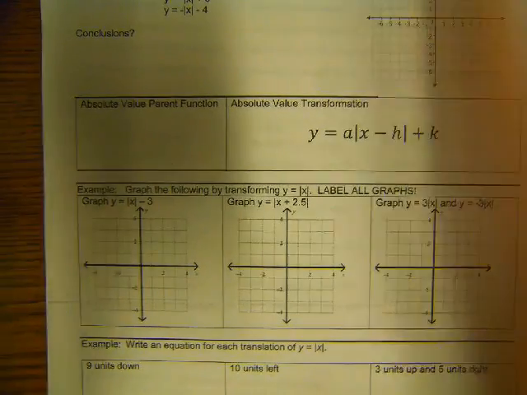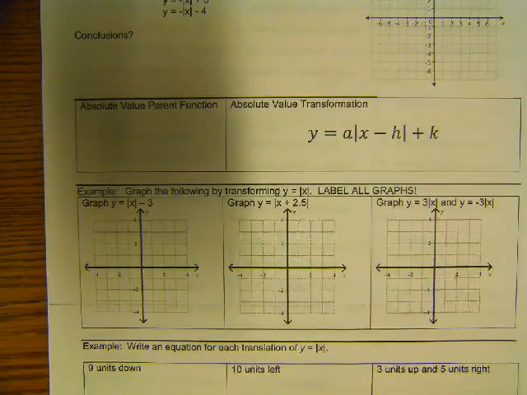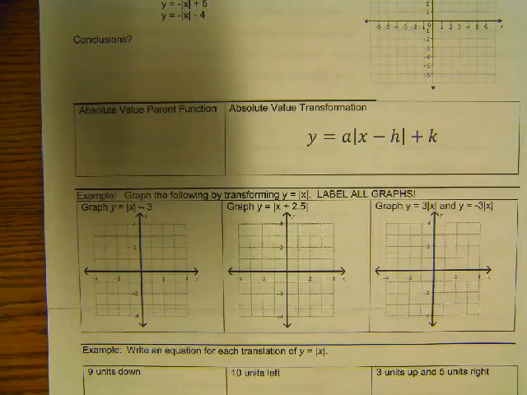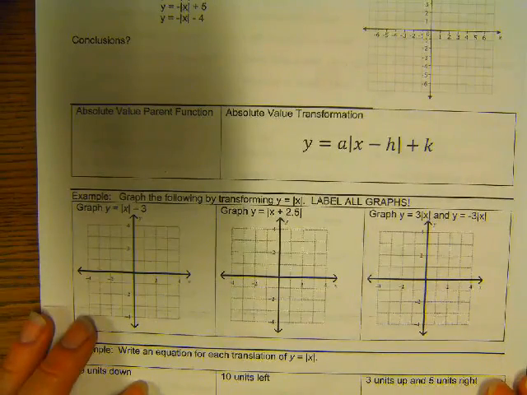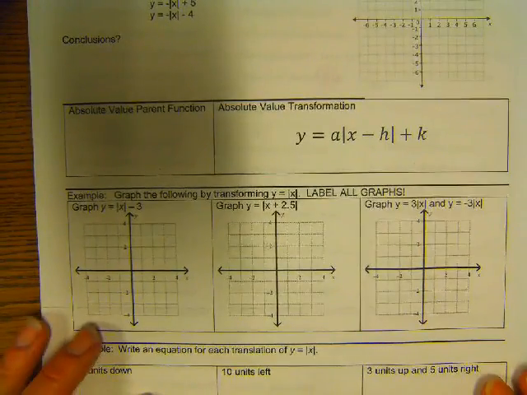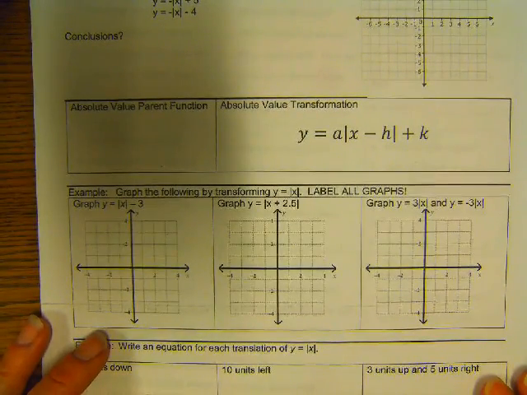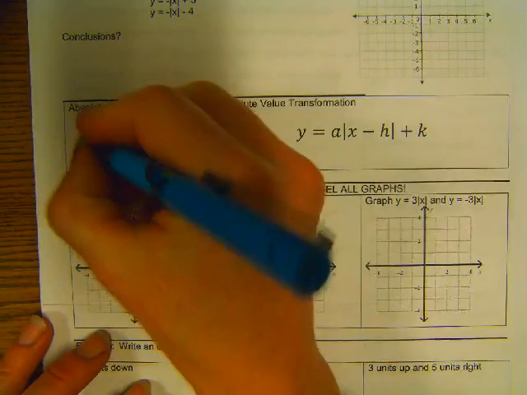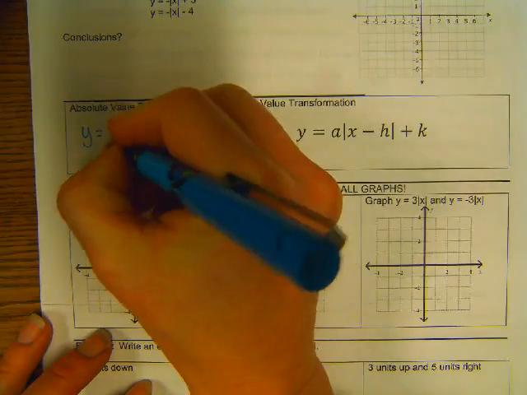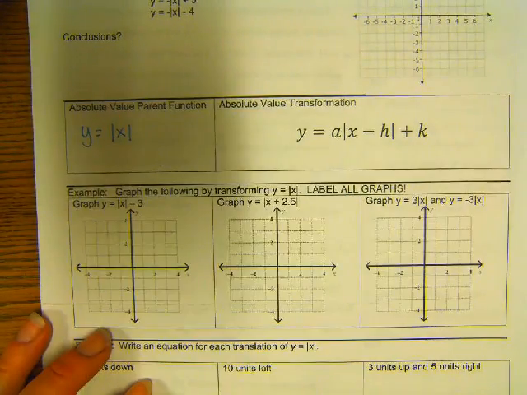This is on page 8. So in general, the absolute value parent function means the most basic parent function. Yesterday when we were graphing, at the top, we put in just this equation.